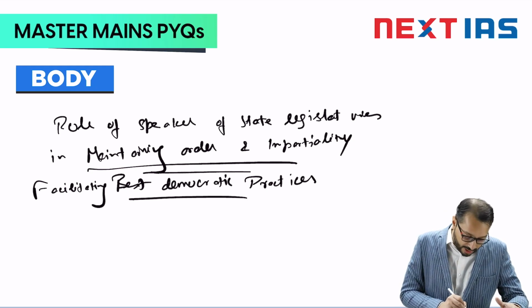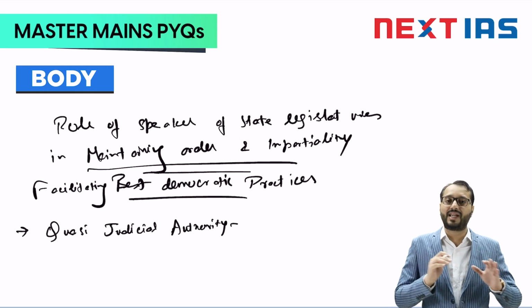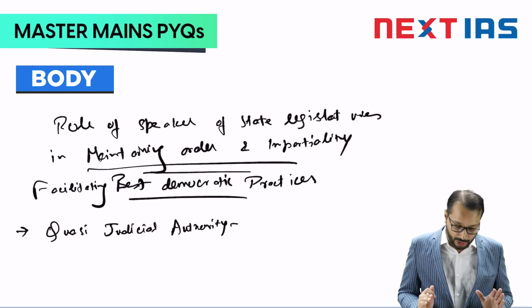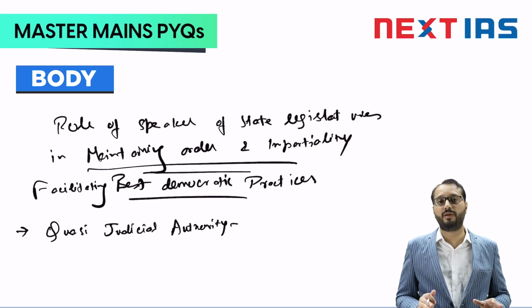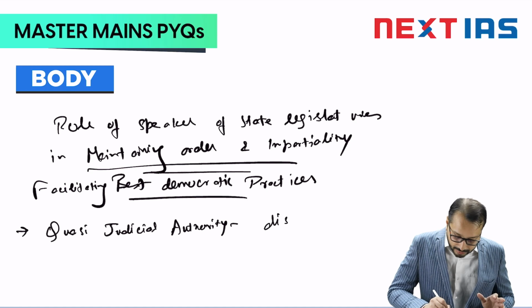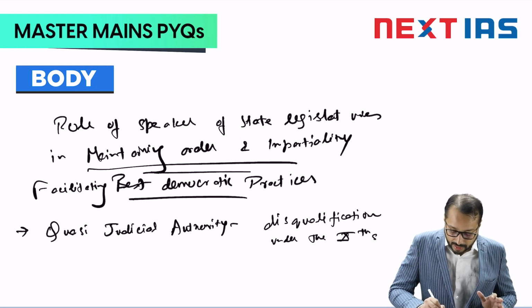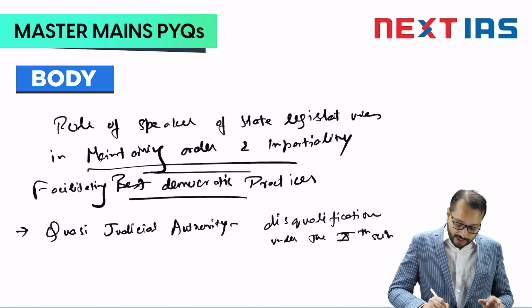and one of the very important roles is his role as a quasi judicial authority, right? So the presiding officers have a very important duty as a quasi judicial body as far as matters pertaining to disqualifications under the 10th Schedule, the anti-defection law, or suspension of MPs is concerned.